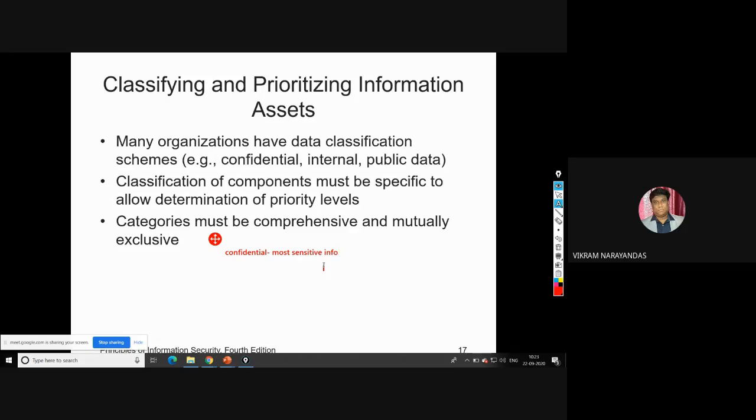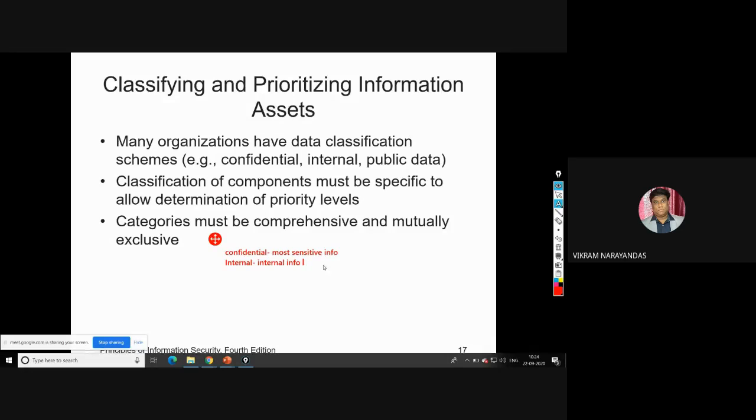Next, internal. What is this internal? It is used for internal information.